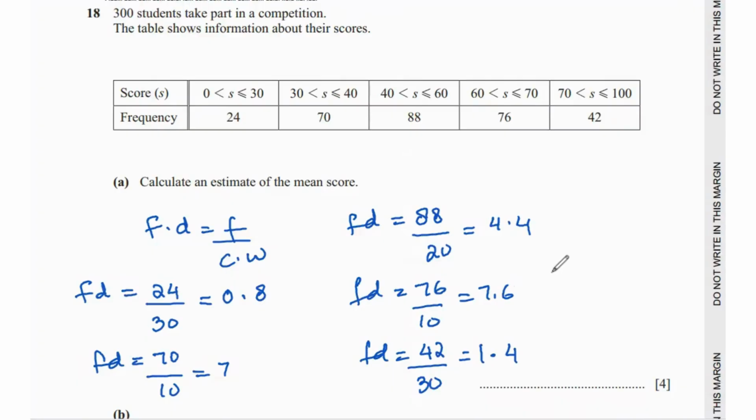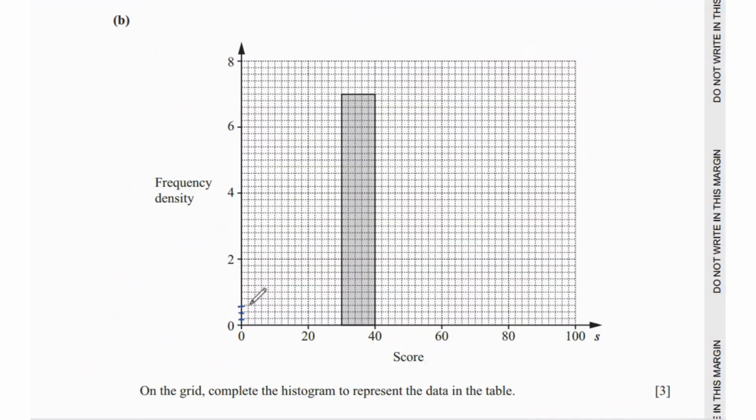So now we're going to plot these values according to the given intervals: 0.2, 0.4, 0.6, 0.8. This is the first bar. Then we have 4.4.